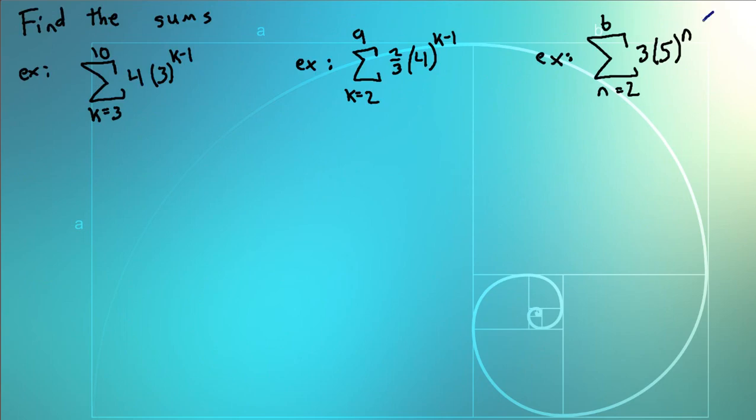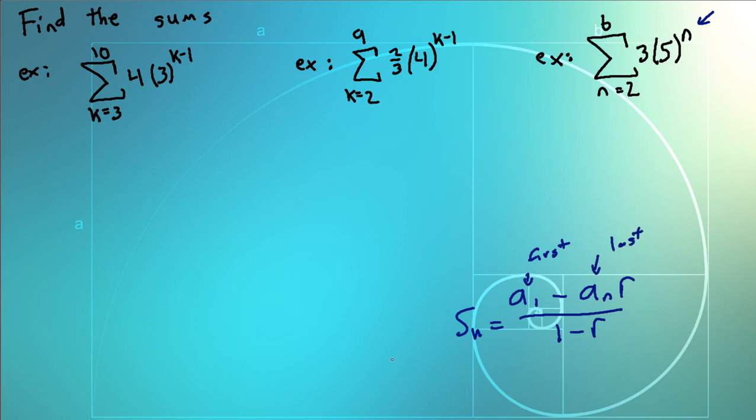Now, I'm going to jump ahead and take a look at this one. We don't necessarily need an n minus 1 here, because if we use this formula, all we care about is the first and the last term and our ratio.